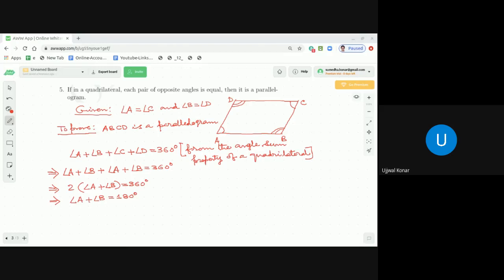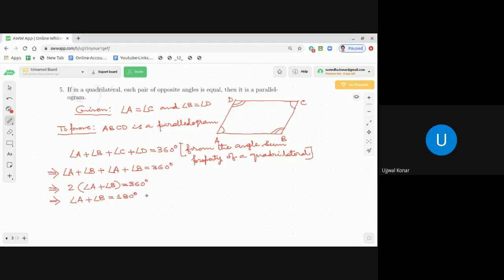Now, what we get is that angle A plus angle B is equal to 180 degrees. So that implies that angle C plus angle D is also 180 degrees, because angle A plus angle B plus angle C plus angle D is actually 360 degrees.